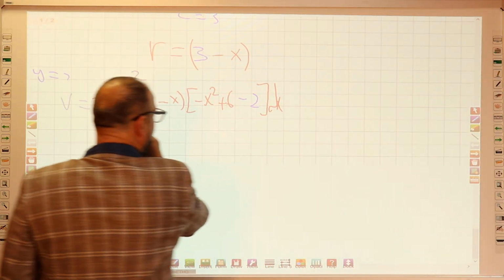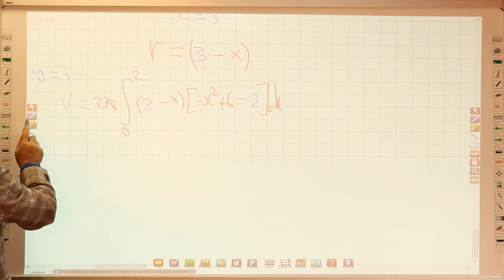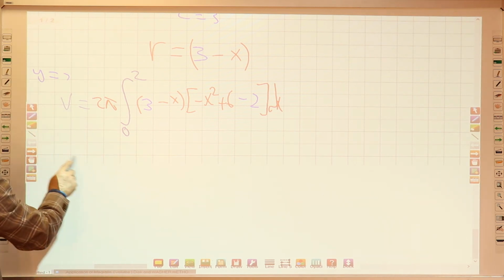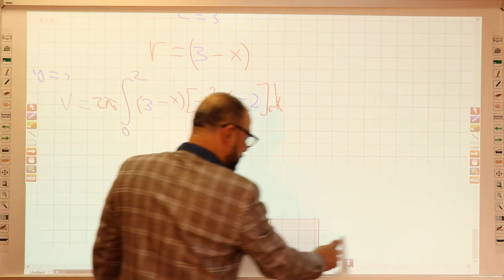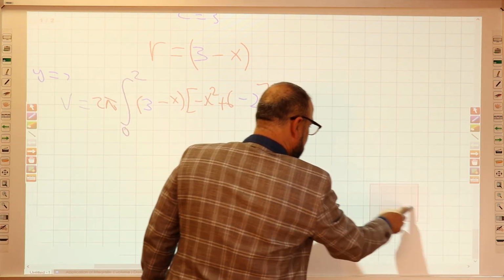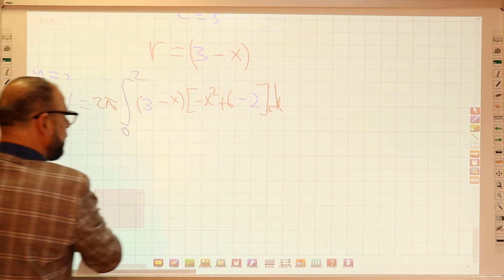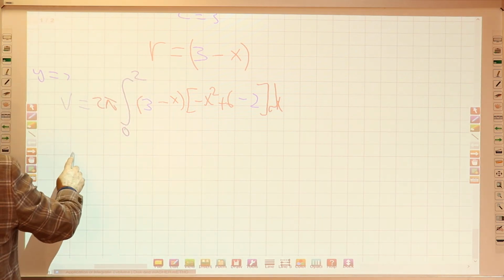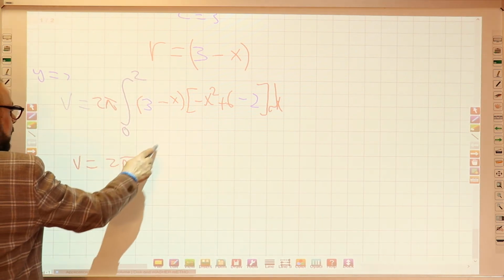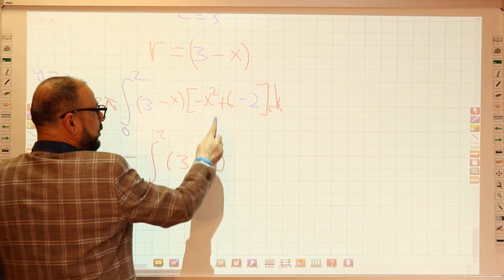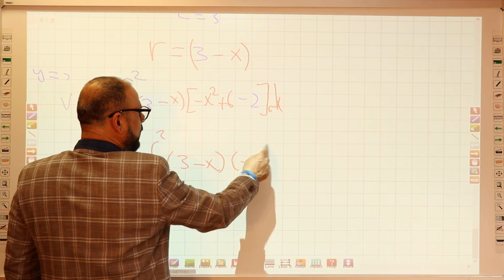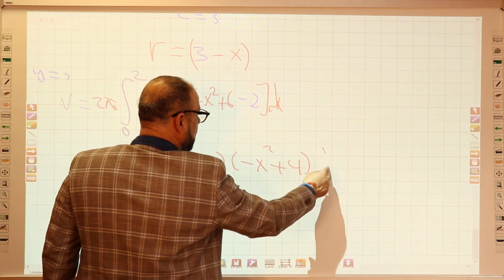So volume equal 2 pi integral from 0 to 2 of 3 minus x times negative x squared plus 4 dx.